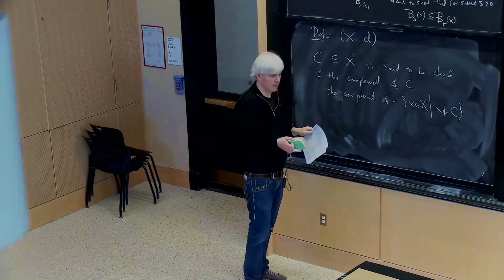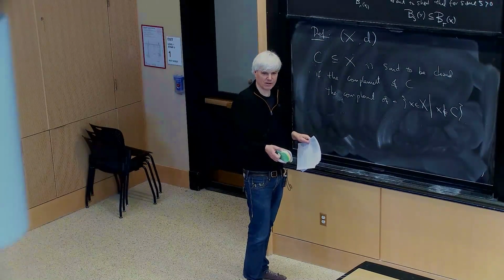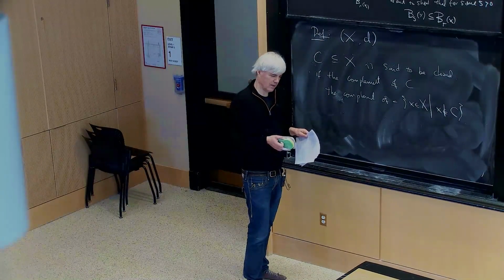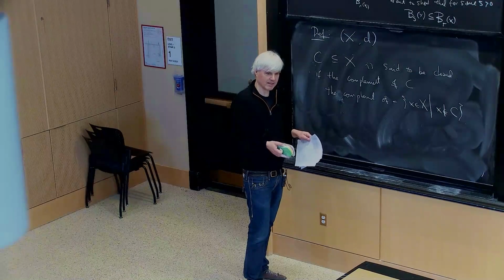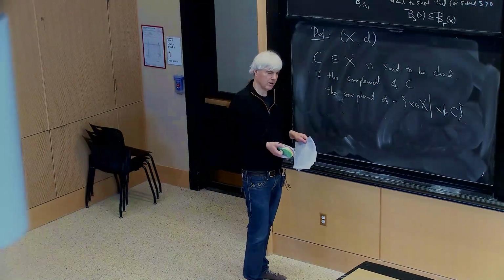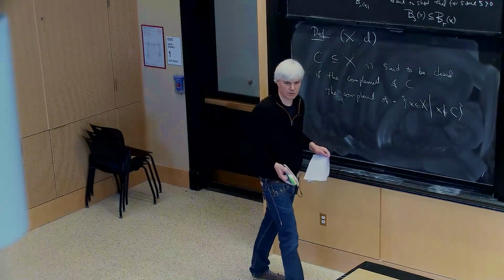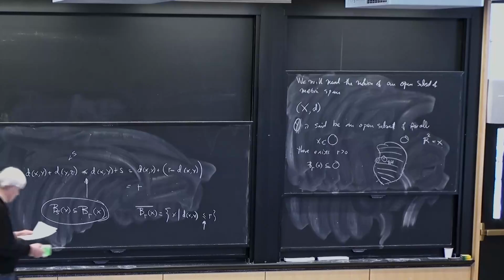Because you see, the empty set was always open and the full set was always open, right? And so the complement of the empty set is everything, so that's closed. And the complement of everything is nothing, the empty set, so that's also closed. So those two sets are always closed.